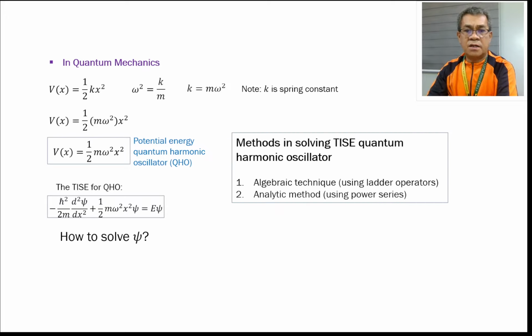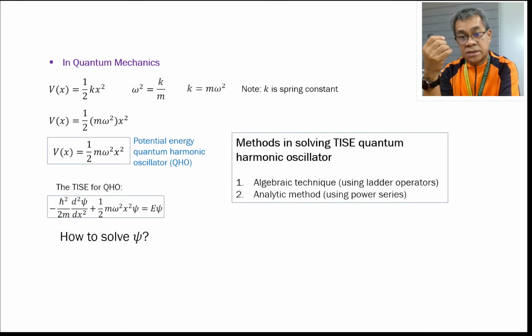There are two methods of solving the TISE for the quantum harmonic oscillator. Number one is the algebraic method, which uses the ladder operator, and this is our topic for today. Another method is the analytical method, which uses power series. That will be the next topic.